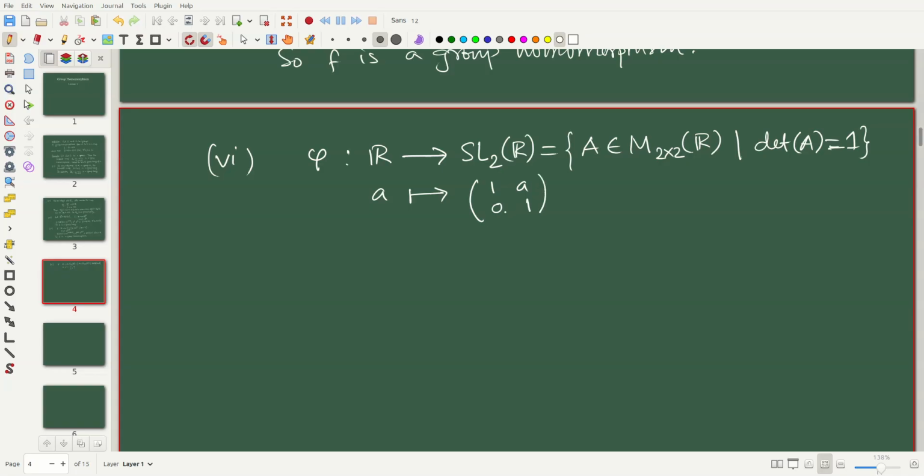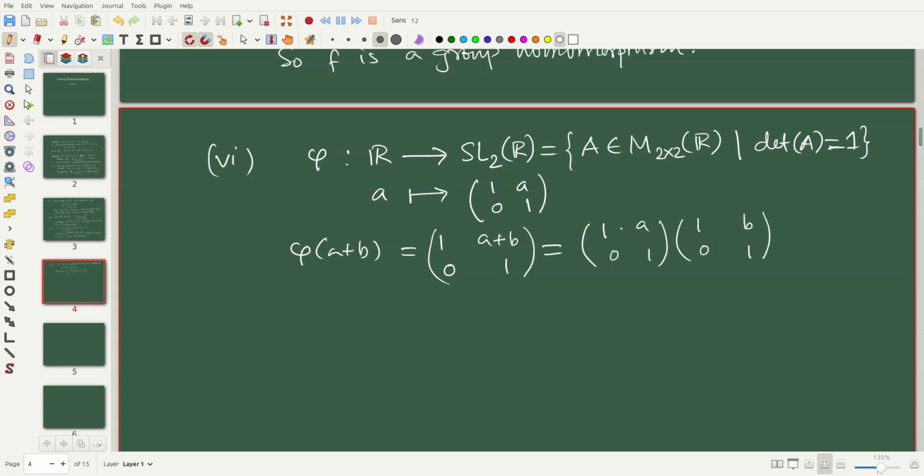Note that this matrix has determinant 1, so it is inside SL2(R). Now note that this is a group homomorphism because phi of a plus b equals the matrix [[1, a+b],[0, 1]], which is nothing but the product of [[1, a],[0, 1]] times [[1, b],[0, 1]], because if you perform the multiplication, the top right entry is a plus b.